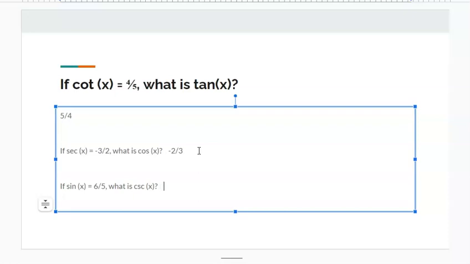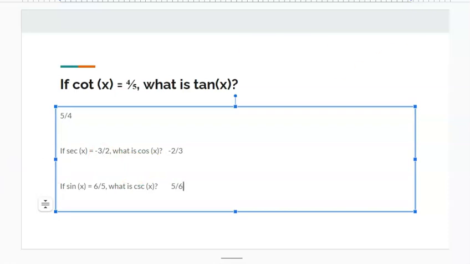Well, cosecant and sine are reciprocals. Therefore, if sine is 6/5, that means cosecant is 5/6. I think 3 or 4 of the 10 questions are like that. That's not bad, right?